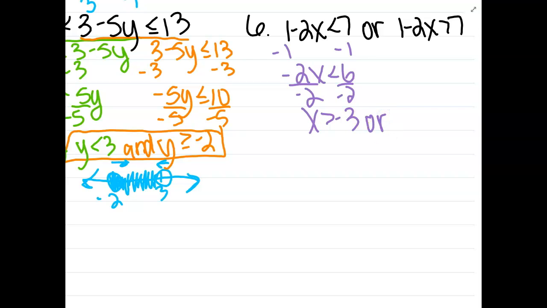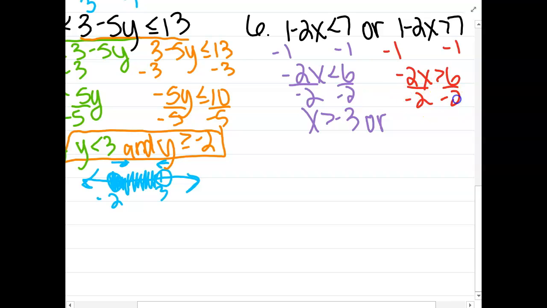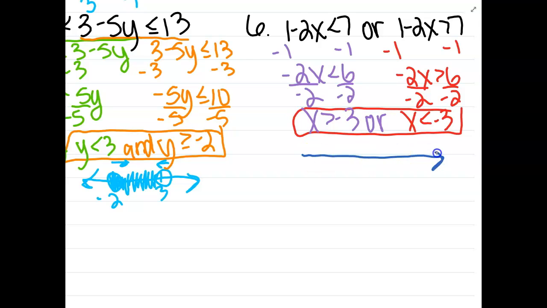Or the next one, we'd also subtract 1. We'd also get negative 2x is greater than 6. We'd also divide by a negative 2. Flip the sign. And we get x is less than negative 3. Okay, now for this one, remember it's an or statement, right?